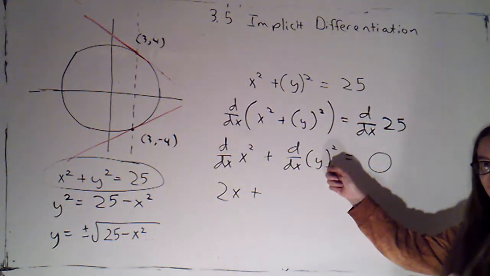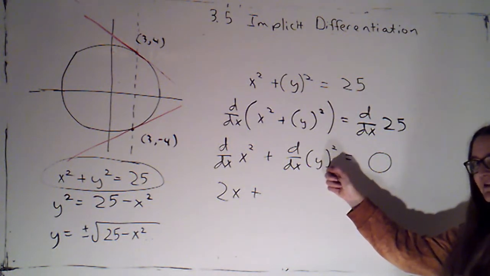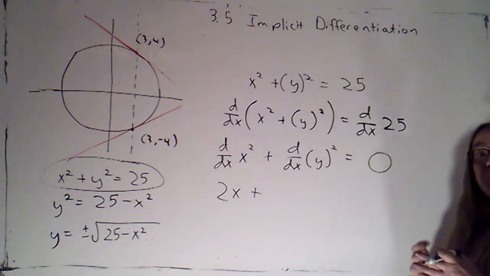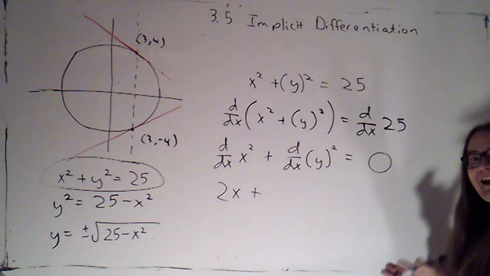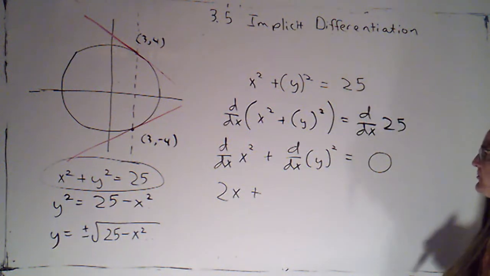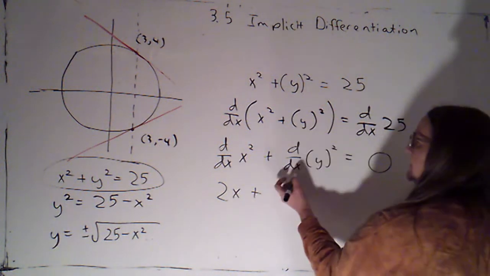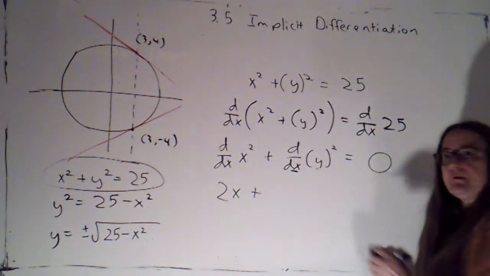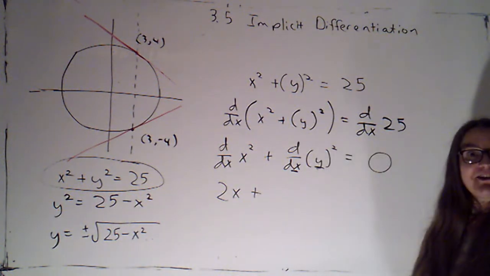Now here, I mentioned that when we got to implicit differentiation, it was going to help you if you had practiced a little bit with the U substitution technique that I showed you when we first learned the chain rule. Because notice here, I'm taking the derivative with respect to x of a function of y. The variables don't match.